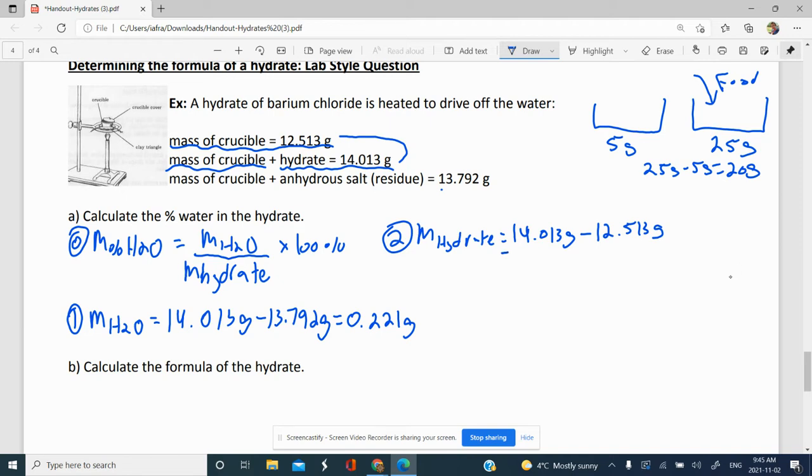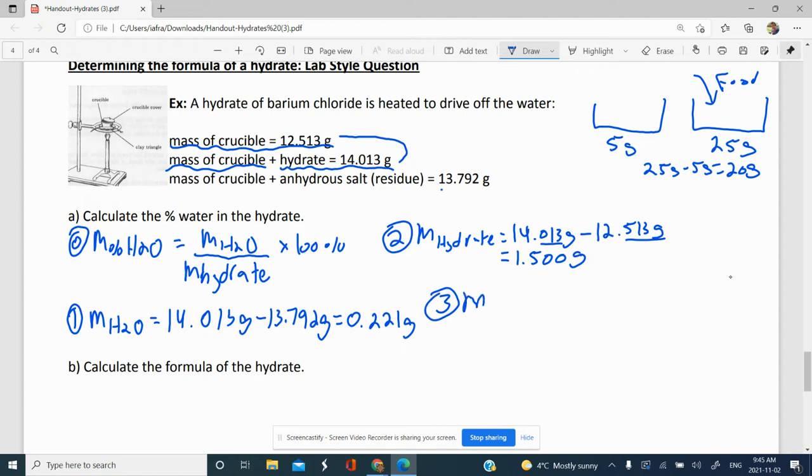And so when we do this, we get 14.013 minus 12.513, and we get 1.500 grams, with 3 decimal places because there are 3 decimal places in both values. And so that's the mass of the hydrate. What we can do now is go back to our step 0, which is really our last step.